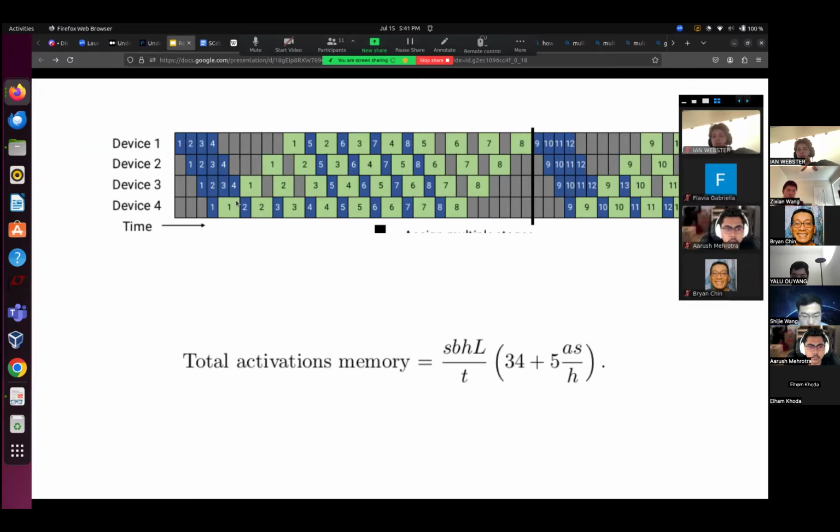The activation memory per device is given by the equation below. I guess we can move on to the next slide.